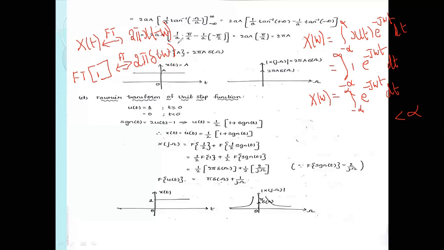And this x of minus omega is considered as a delta of omega. Either delta of omega or delta of minus omega, it is only one signal. The delta means having a value only at 0. So let us take it as a delta of omega. At omega equal to 0, the value is 1. Even if it is a delta of minus omega, the folded function is the same.